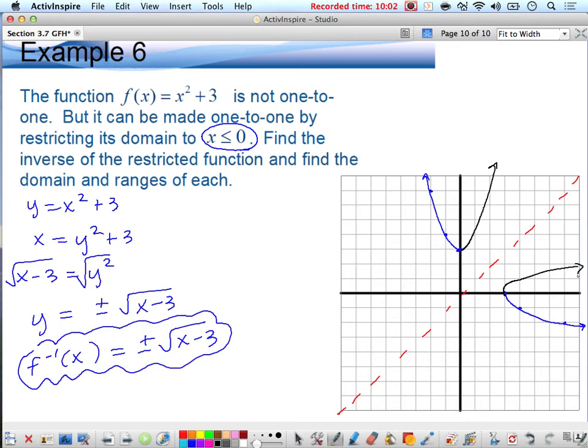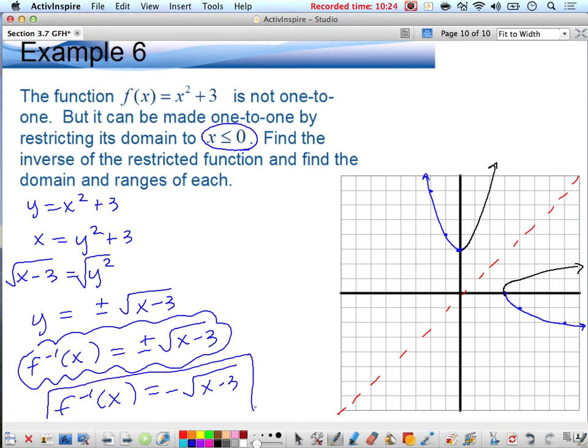So if I only keep the blue half here, which one of these would it be? Positive square root of x minus 3 or negative square root of x minus 3? If I only keep the blue half, is that the positive y's or the negative y's? Negative. Those are the negative y's. Okay, so that's what they're looking for in this case.